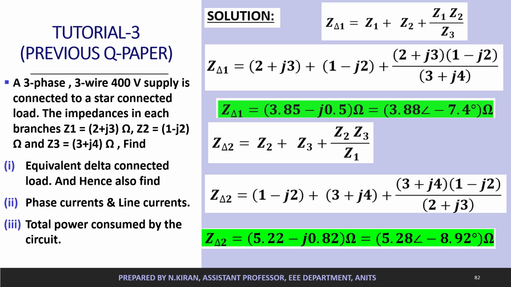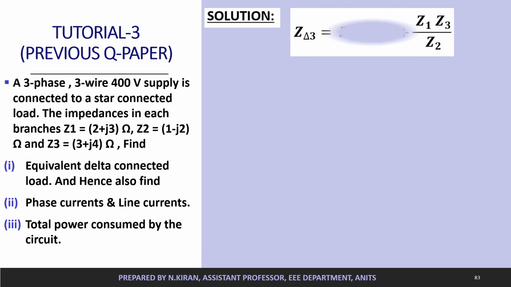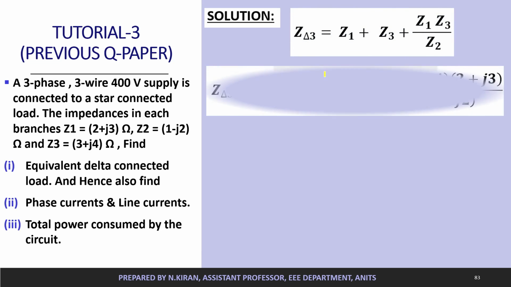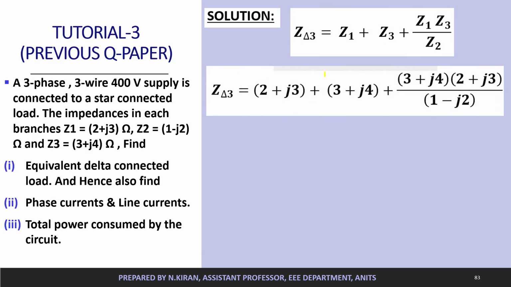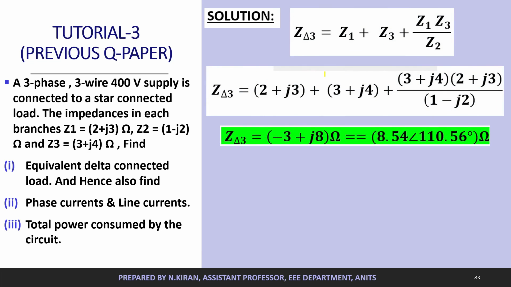So Z delta 1, Z delta 2 can be calculated by substituting the star connected impedances in the formula, and similarly Z delta 3 can also be calculated in the similar way. So this will give me the equivalent delta connected load.